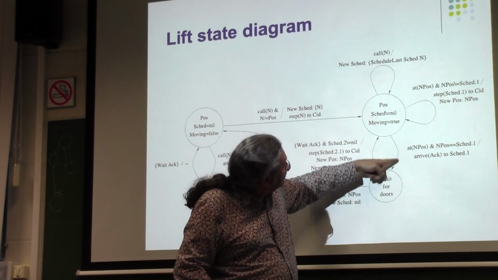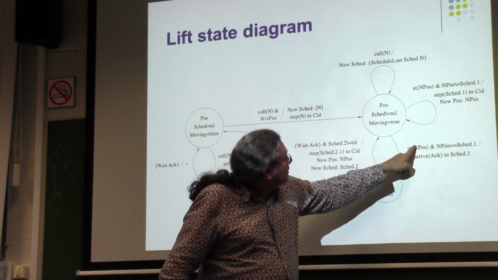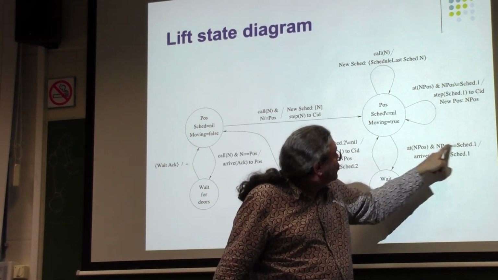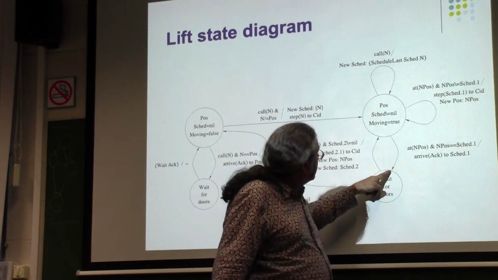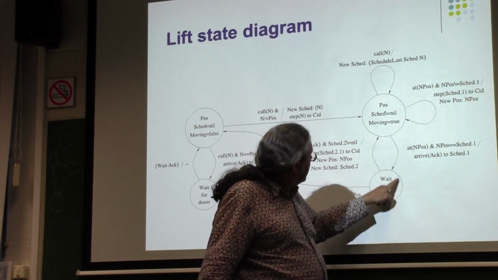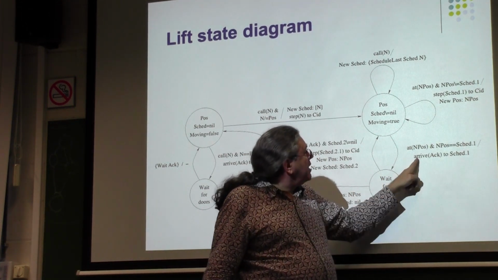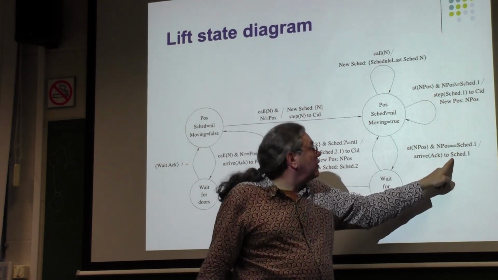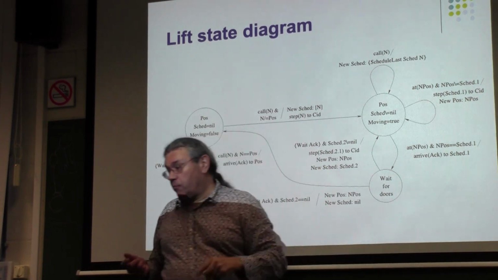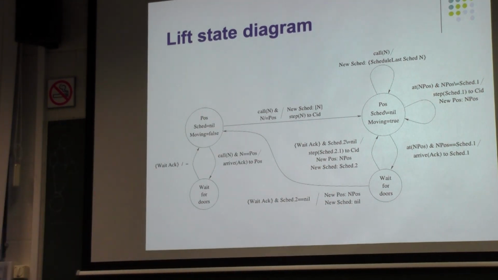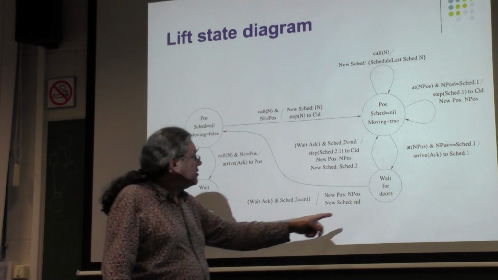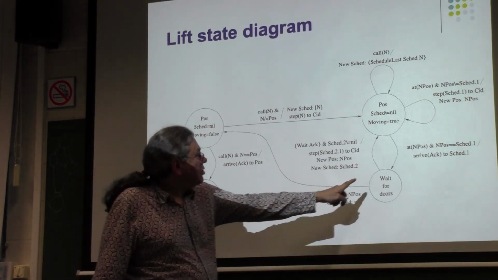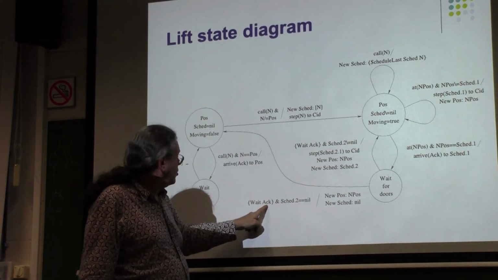That means when it arrives at N, a position, and the position is the first element of the schedule, then it goes to wait for doors, and it sends the acknowledgement message to the floor. So that's the other side of the protocol. It sends it to the floor, and it waits until the acknowledgement is bound.